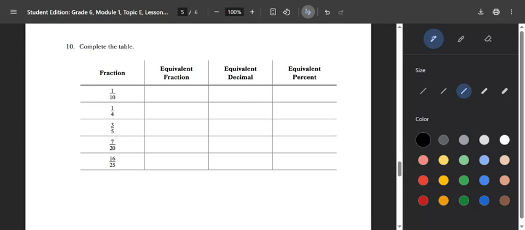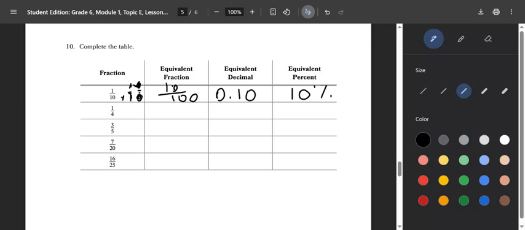So 1/10 is the same thing as 10 out of 100, which is 10 hundredths, which is 10%. 1/4 is the same thing as, okay, so let me just say, I multiplied by 10 over 10 to get the equivalent fraction for this first one.